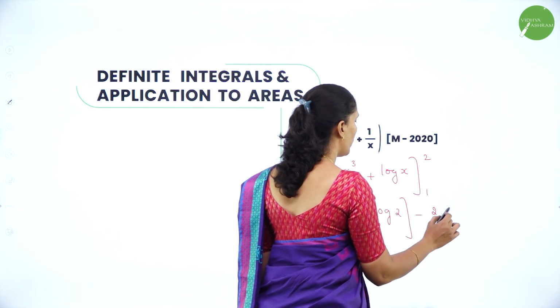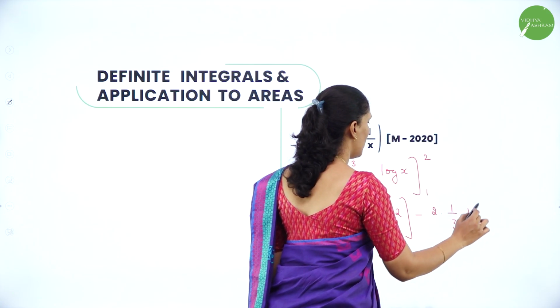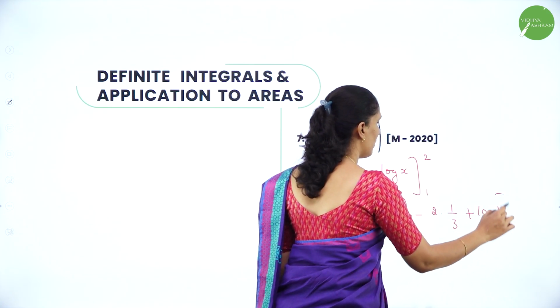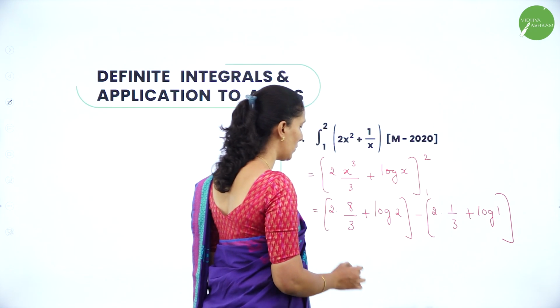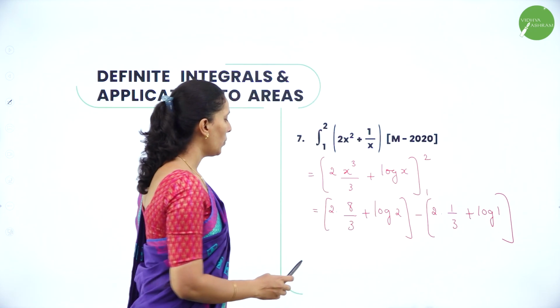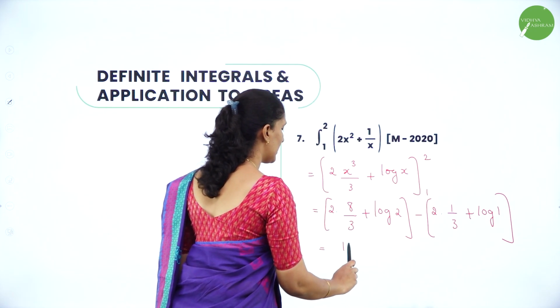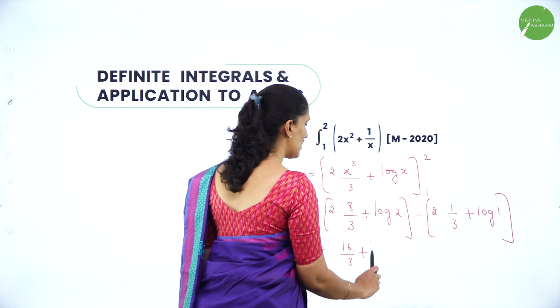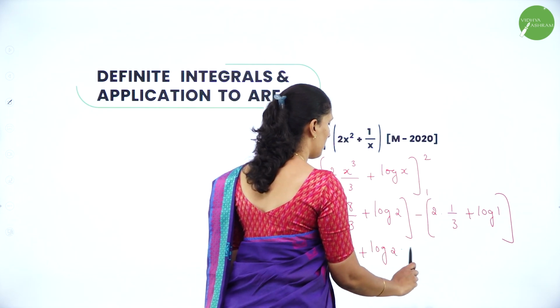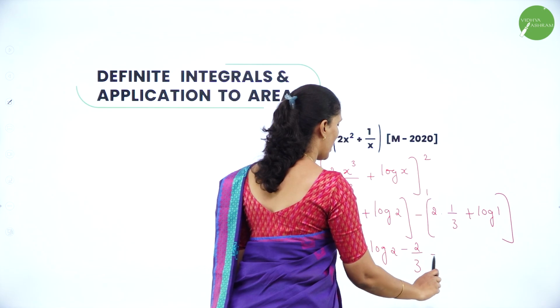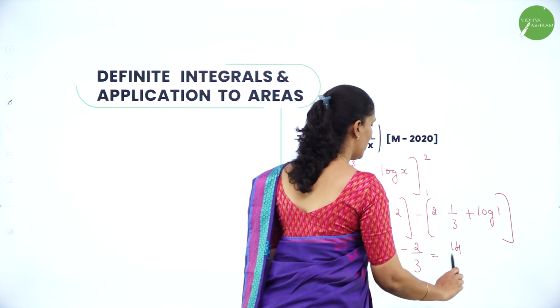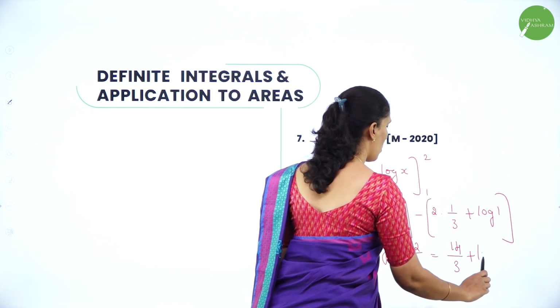So it becomes 2 into 1 by 3 plus log 1. The value of log 1 is 0. So here we have 2 8s are 16 by 3 plus log 2 minus 2 by 3, which can be written as 14 by 3 plus log 2.